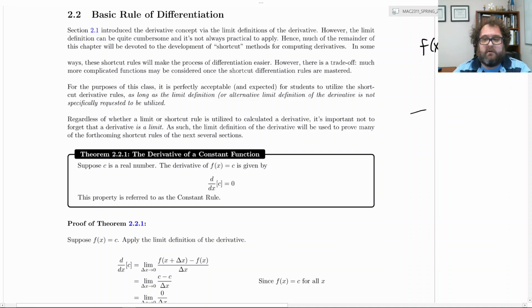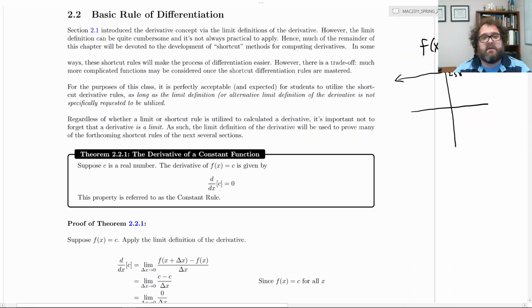Well, the graph of that looks like a horizontal line where the y value is 238. In other words, it's a horizontal line.